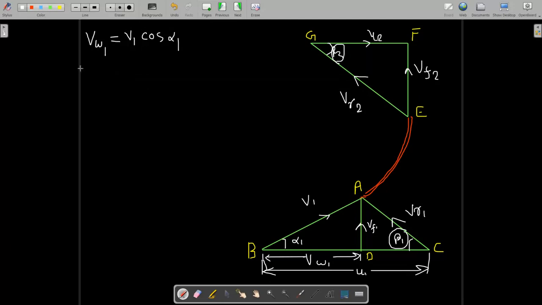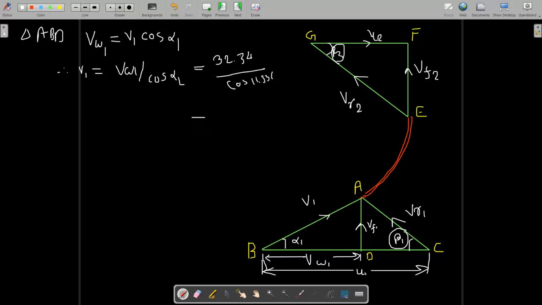So from triangle ABD, we can write V1 as VW1 divided by cos alpha 1. VW1 is what? 32.34 divided by cos 11.336. It is 33 meter per second.